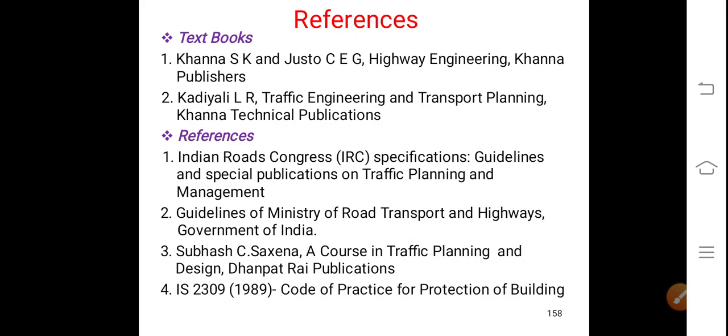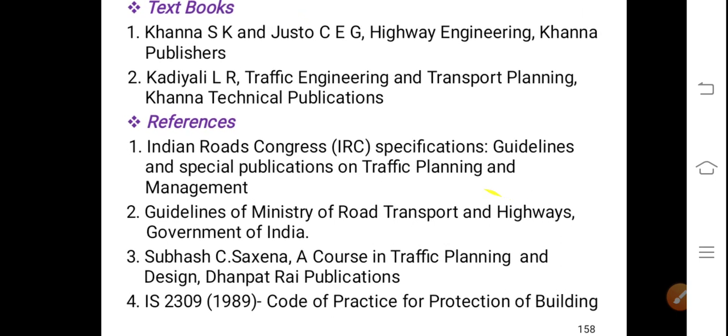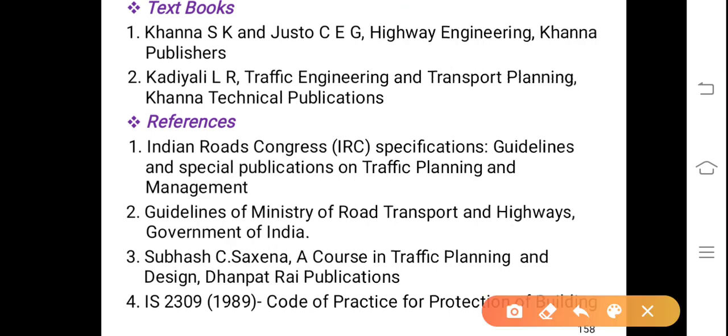References. Textbooks: Khanna SK and Gesto CEG, Highway Engineering, Khanna Publishers. Kadiyali LR, Traffic Engineering and Transport Planning, Khanna Technical Publications.